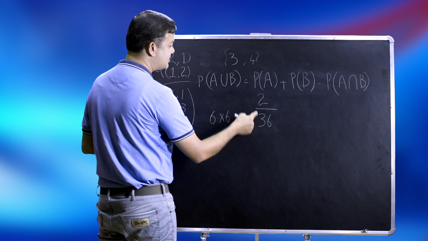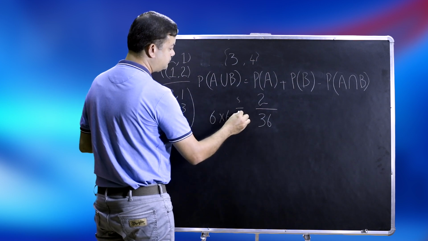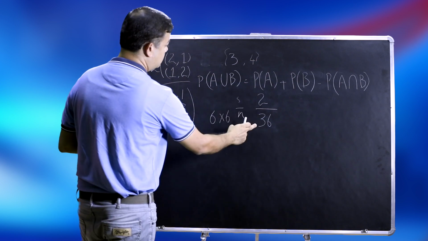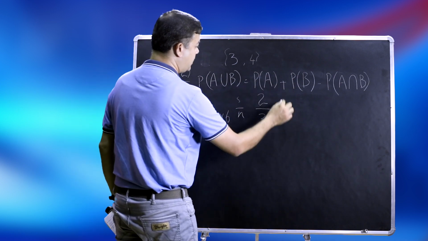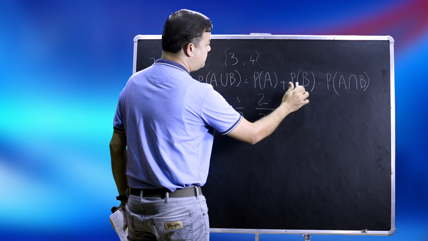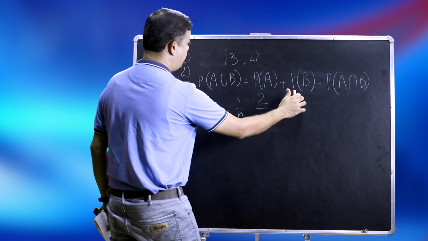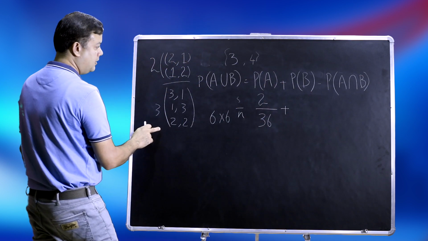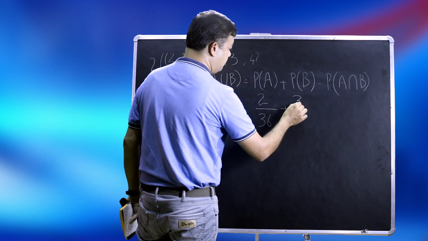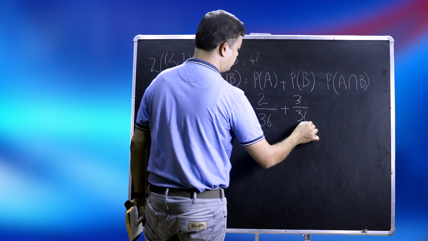So n is 36, s by n. Success is 2, this is 36. So you are going to get 2 divided by 36, plus how many ways probability of B can happen? B means to get 4. There are 3 ways. So you have to put 3 divided by 36.